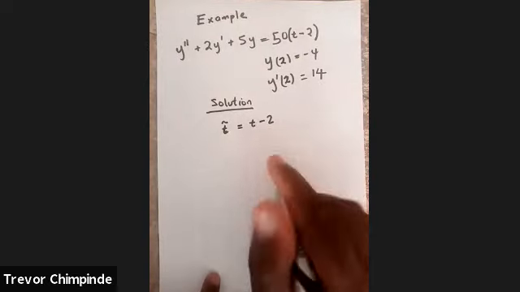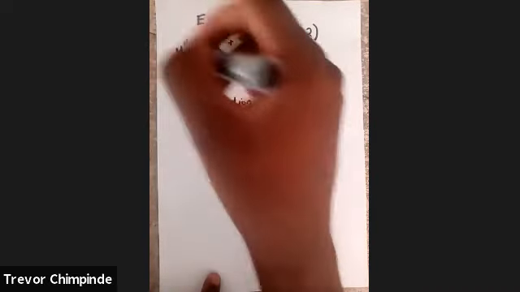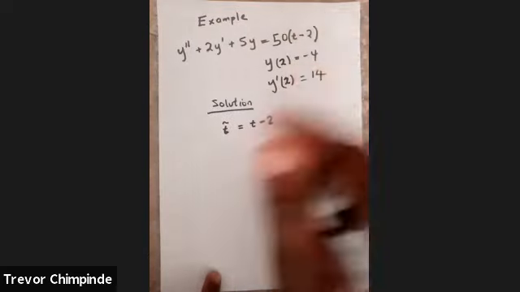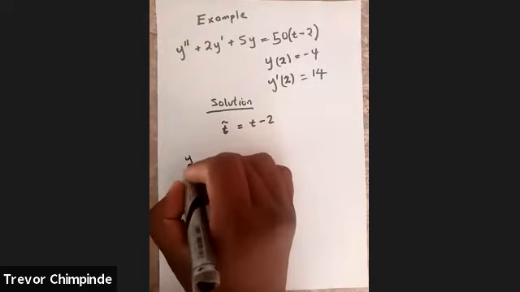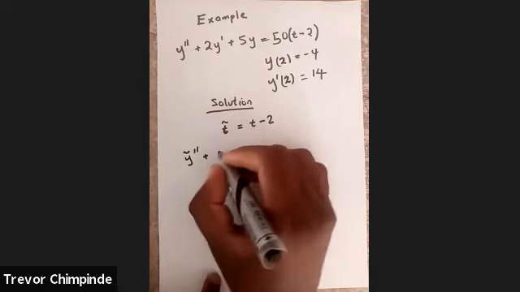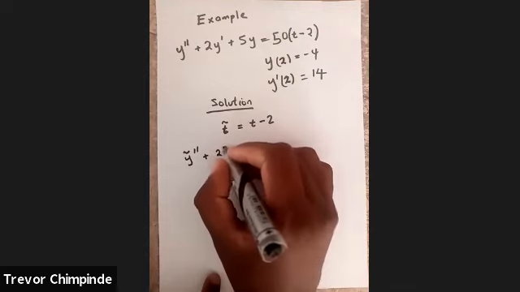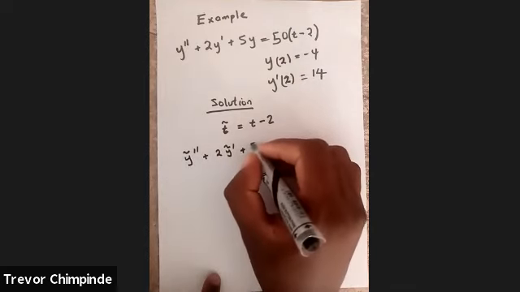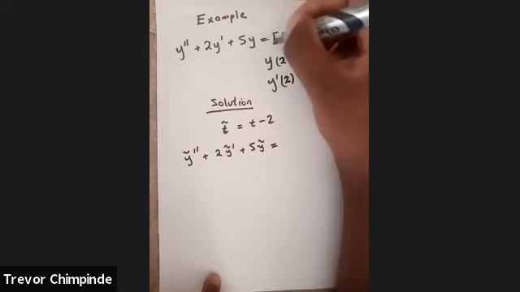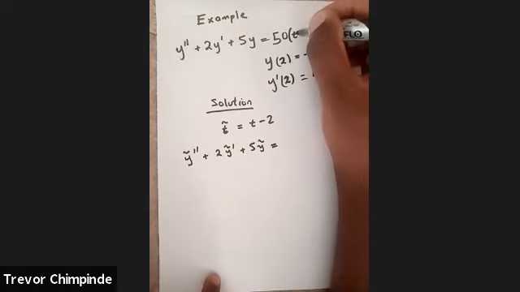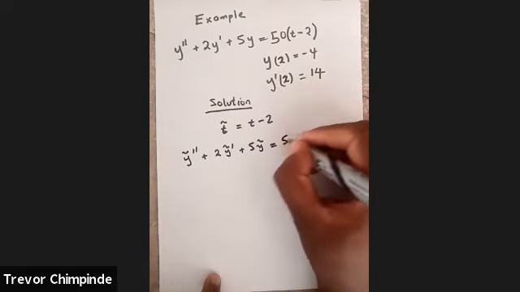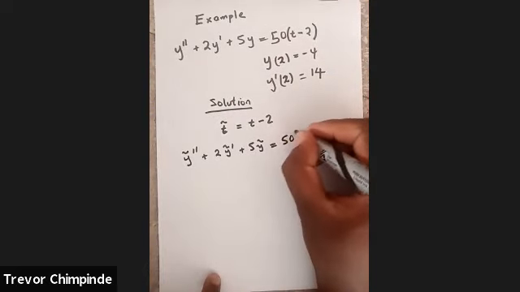It is associated with a new function called y tilde. So this ODE will become y tilde double prime plus 2 y tilde prime plus 5 y tilde is equal to, since t minus 2 is t tilde, 50 t tilde.